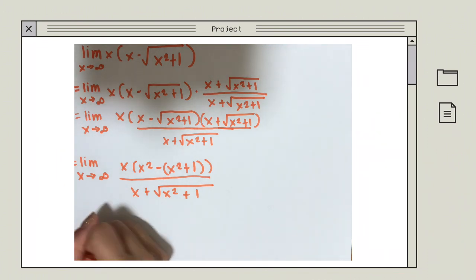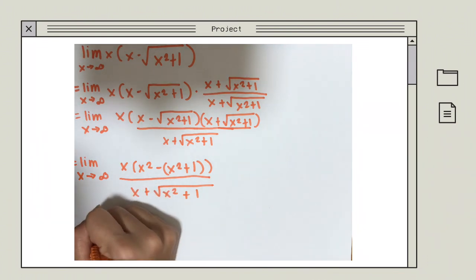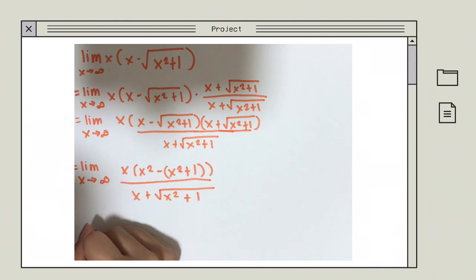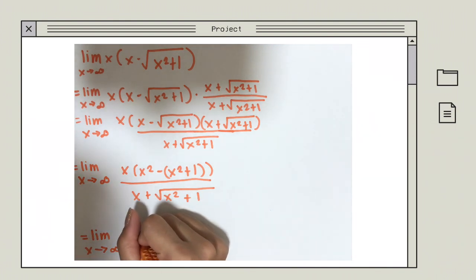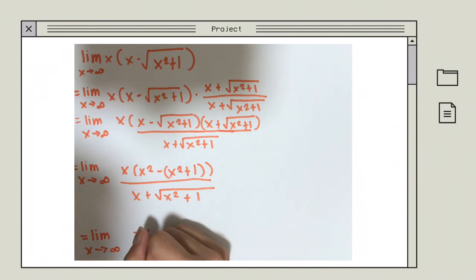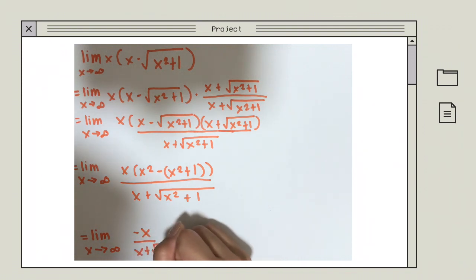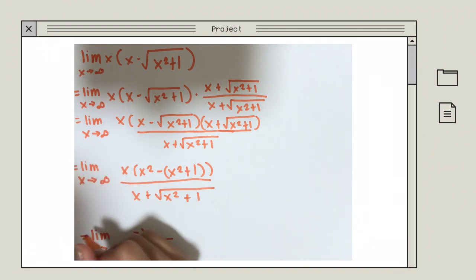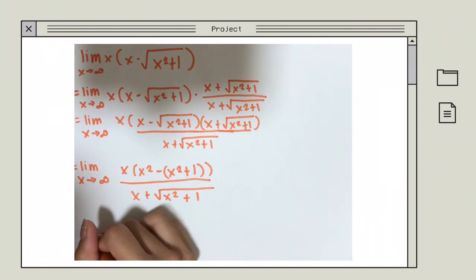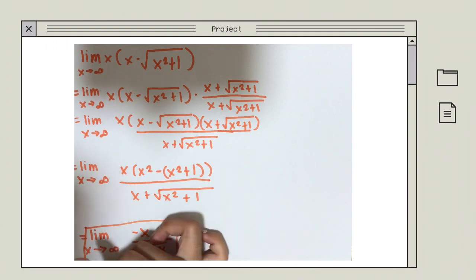And the answer will be the limit as x approaches infinity of negative 1 over x plus the square root of x squared plus 1. So that will be the final answer.